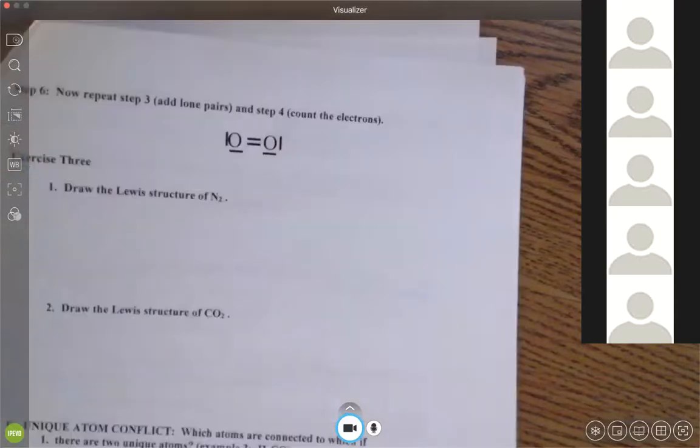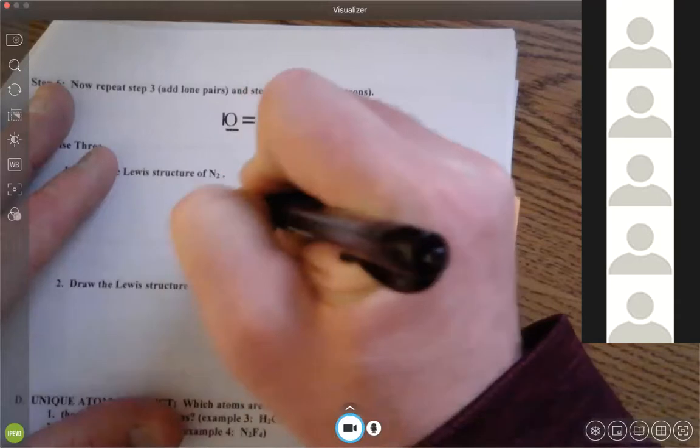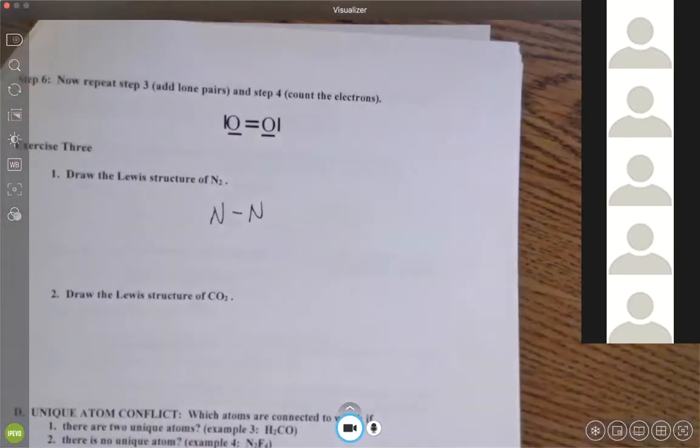Well, let's try nitrogen, because if your teacher was good, they taught you that nitrogen is also diatomic. How many electrons total will I get from nitrogen when I add them up from the periodic table? Find nitrogen on the periodic table, find its valence electron number, and we have 2 nitrogens.